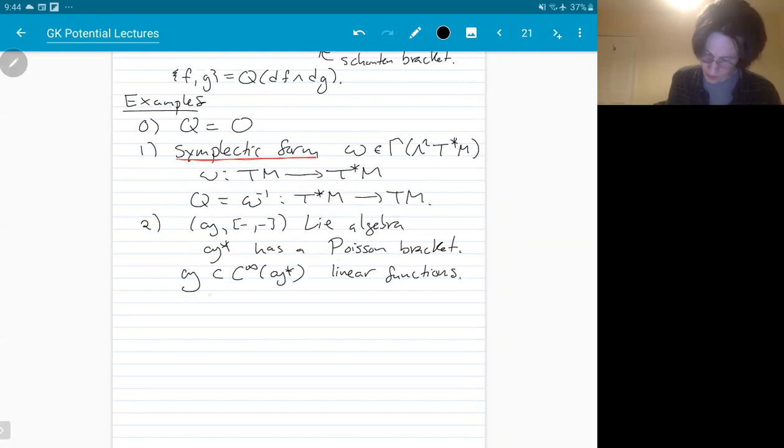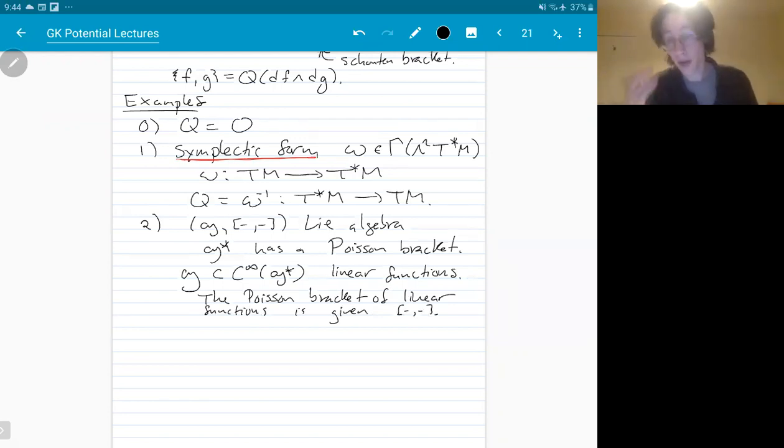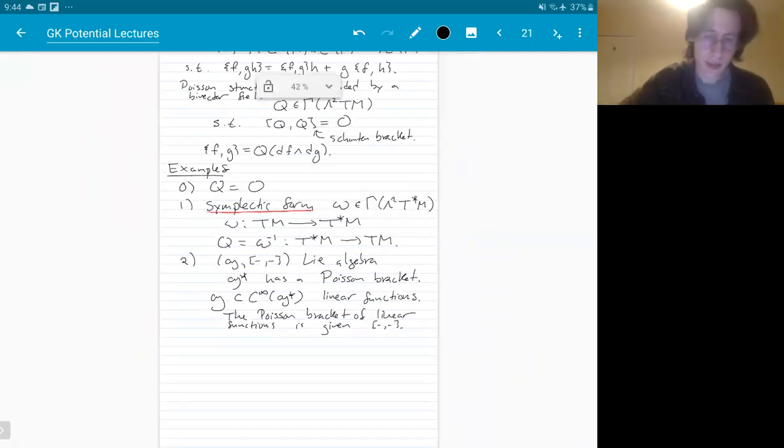Then the Poisson bracket of linear functions is given by the Lie bracket, because the Lie bracket sends linear functions to linear functions.